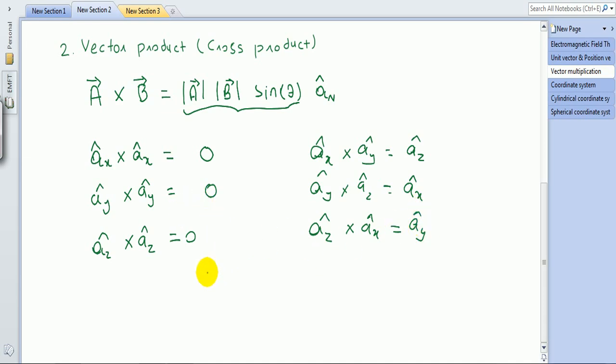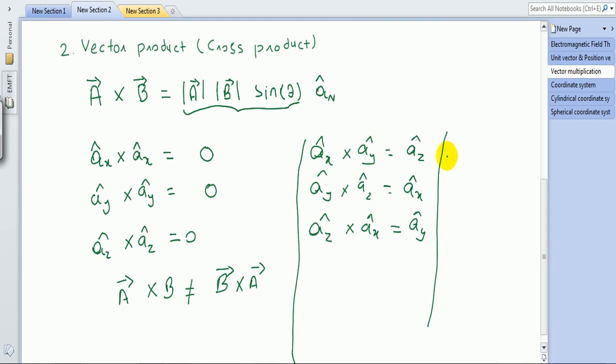Now the cross product is not commutative, that is, a cross b will not be equal to b cross a. In fact, it will be equal to minus of a cross b. That is, ax cross ay is equal to az, but if I do the opposite, ay cross ax, I will get minus az.